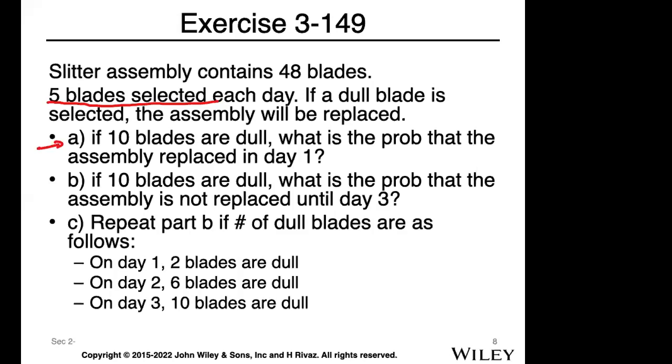So these assemblies are independent every day, and we are checking different blades every day, right? So the probability of not selecting a dull blade on the first day doesn't affect the next day. So here's what we have to infer from the question, that these are independent probabilities.